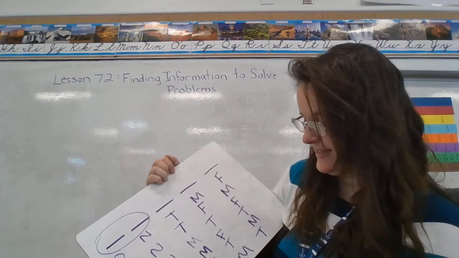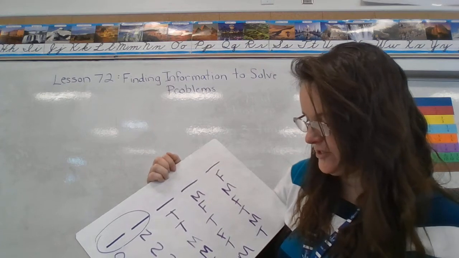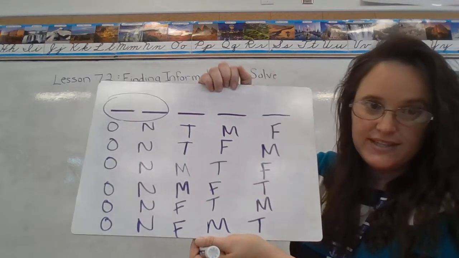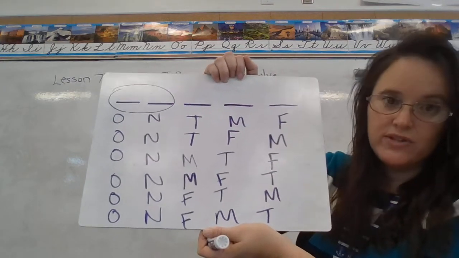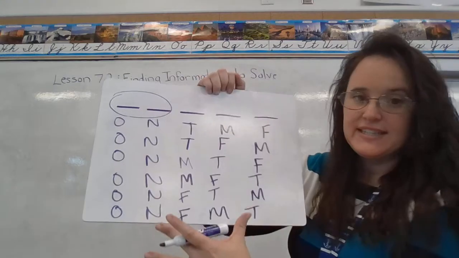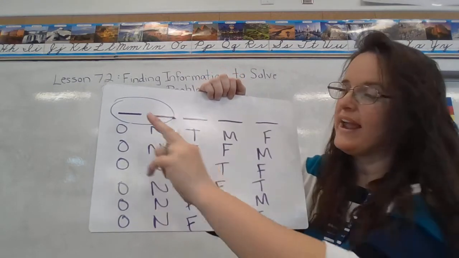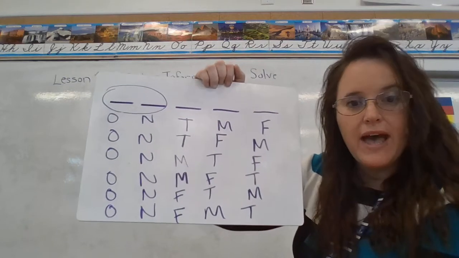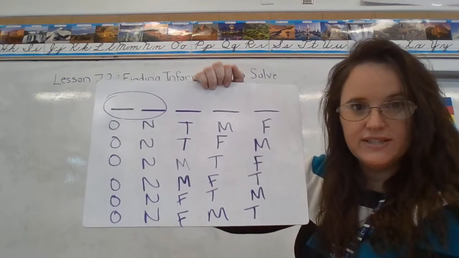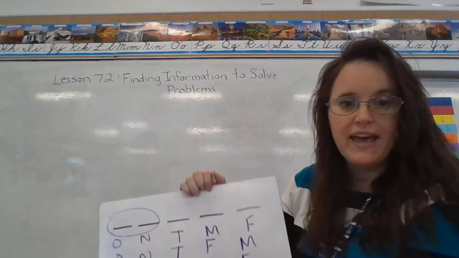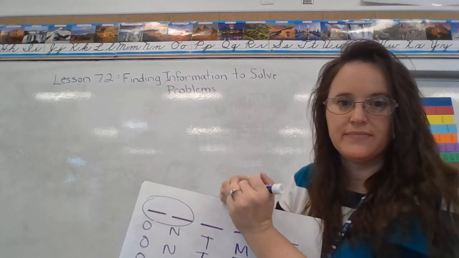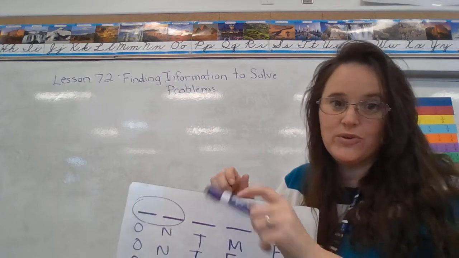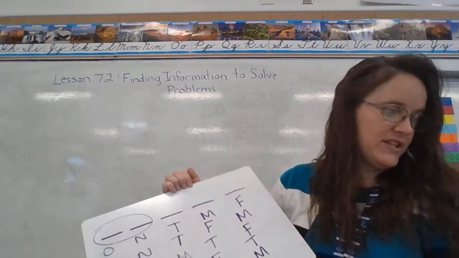Because it says that Ohio and Nebraska are in the first 2 spots, but it doesn't say that Nebraska's always first or that Ohio's always first. So I have 6 options like this, or I have 6 options where Nebraska and Ohio are flipped. So how many total combinations does she have for hanging up her state keychains? 6 plus 6 gives us 12 total combinations for that question.